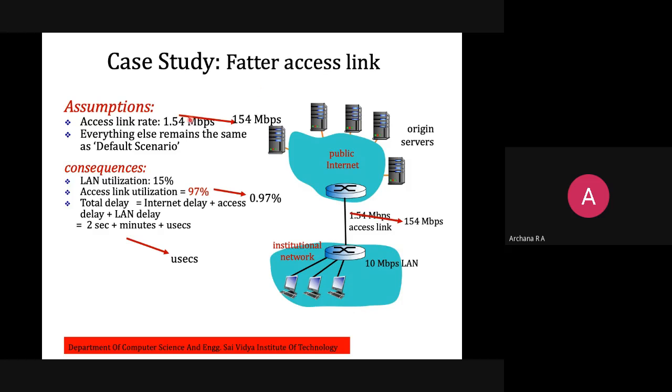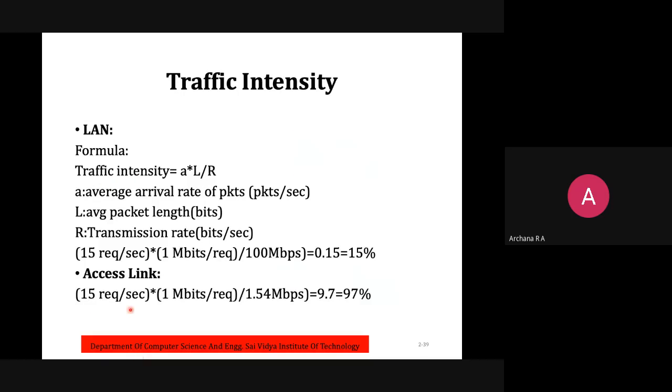If you increase the access link rate, then if you apply the formula I have given here, instead of 1.54 megabits per second, if you give 154 megabits per second, automatically it will become 0.97.